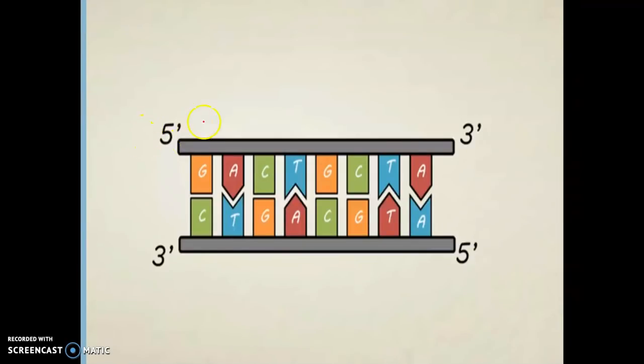This is the structure of DNA, which has 2 strands, strand 1 and strand 2. It has different codes in the form of nitrogenous bases for protein synthesis, and these bases are guanine, adenine, cytosine, and thymine.